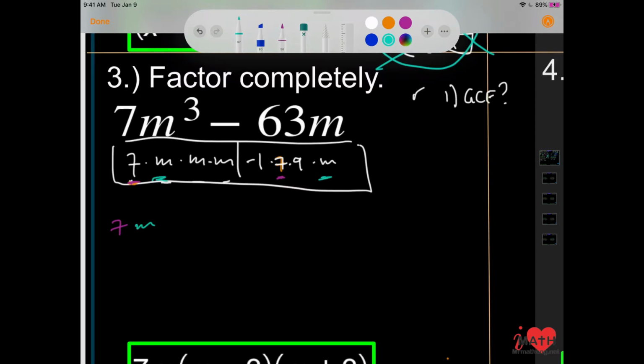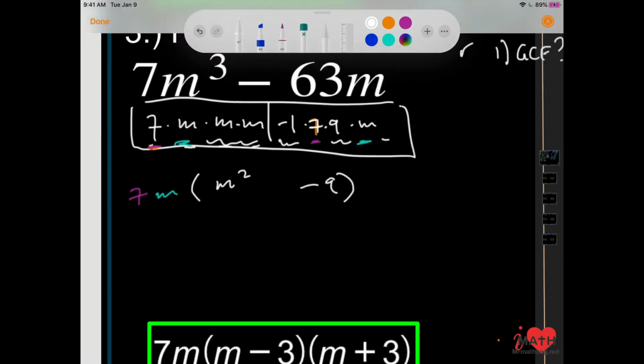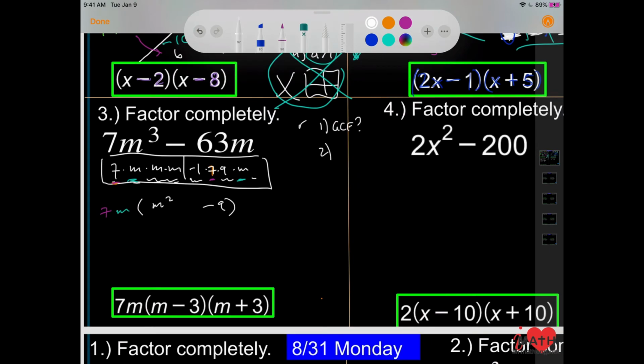Okay, now everything that is not in pink or blue there, we're going to write back. Okay, so m times m is m squared. And then -1 times 9 is just -9. Okay, the tricky part for this problem, so let's review.